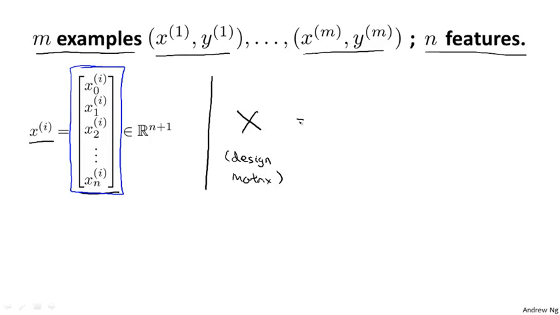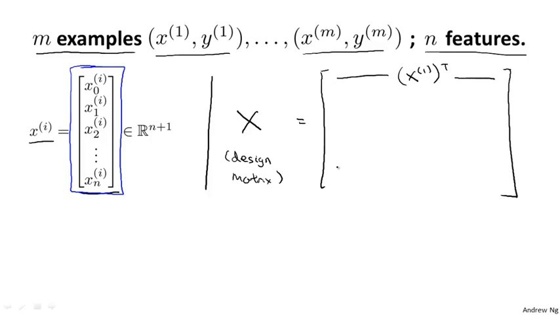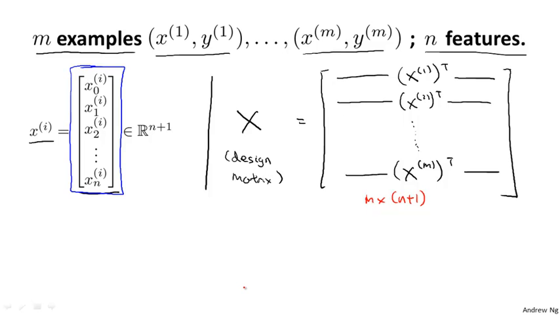I take the first training example, take its transpose, so it ends up being this long flat thing, and make x1 transpose the first row of my design matrix X. Then I take my second training example, x2, take its transpose, and put that as the second row of X, and so on, down to my last training example, whose transpose is the last row of my matrix X. This makes my matrix X an m by n plus 1 dimensional matrix.